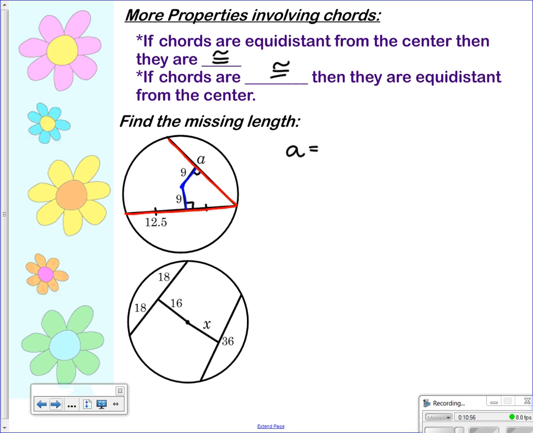They're congruent. How long is the chord on the bottom? And how'd you know it was 25? Good. Notice it has the like signs here. If that piece is 12.5, so is that piece. So the entire thing should be 25. So what does A have to equal? 25. They have to be congruent.